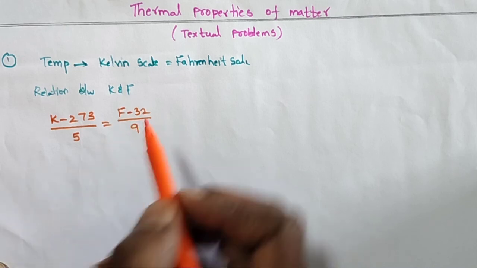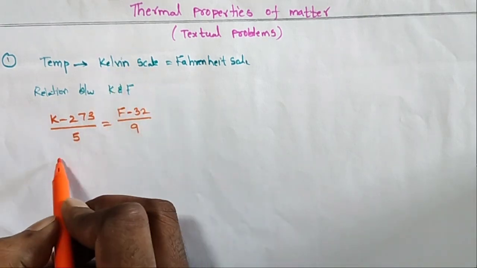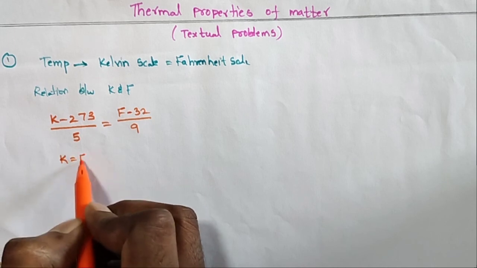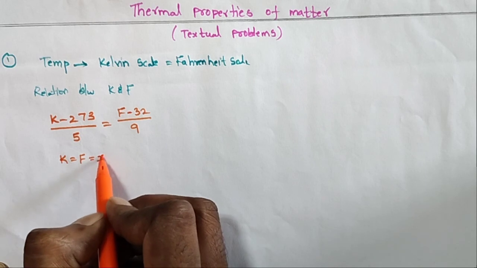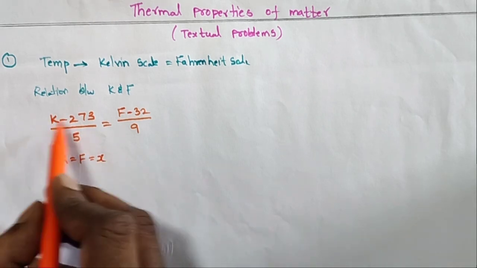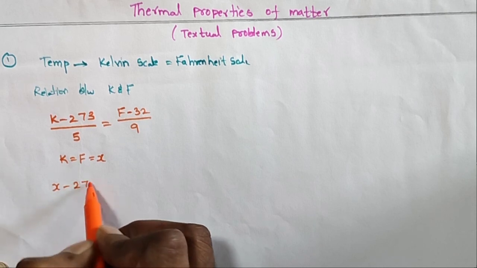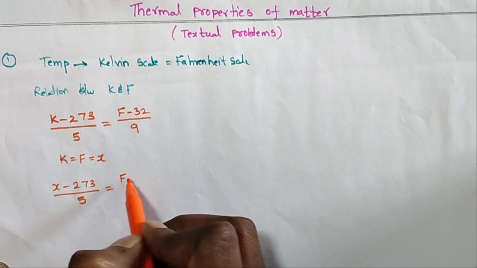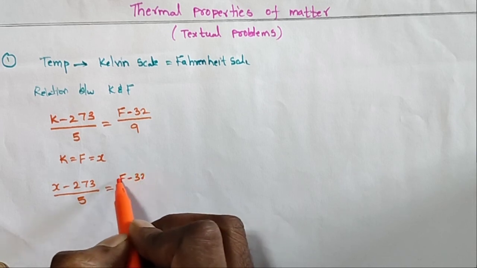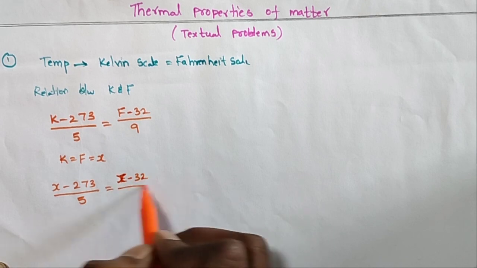This is the relation between K and F. Both are equal, so I am taking K equal to F, some value X, and substituting in the above equation: (X minus 273) by 5 is equal to (X minus 32) by 9.